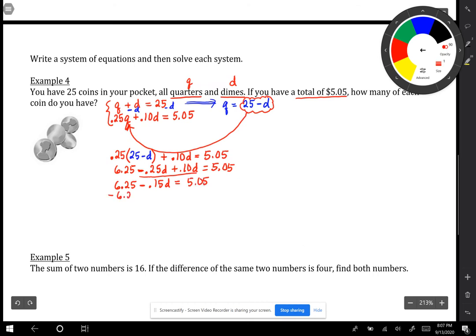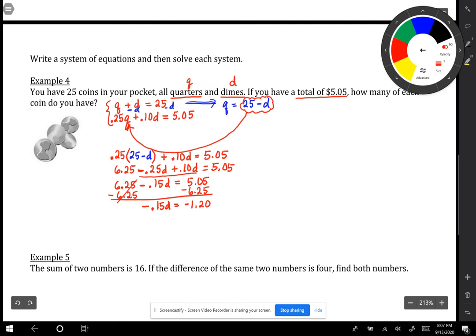Subtract 6.25 on both sides. That cancels. Negative 0.15D equals, I would use a calculator to subtract that. You're going to have a negative answer. So you put negative 6.25 on top, 5.05 on the bottom. But that ends up being negative 1.20.